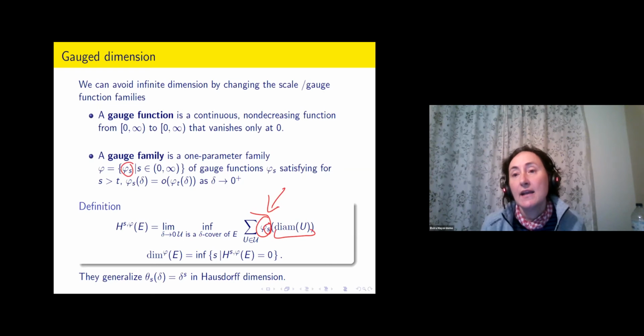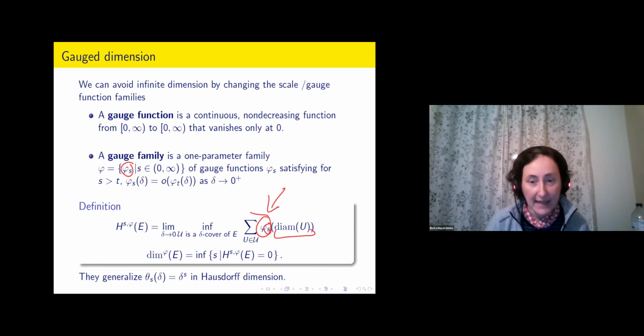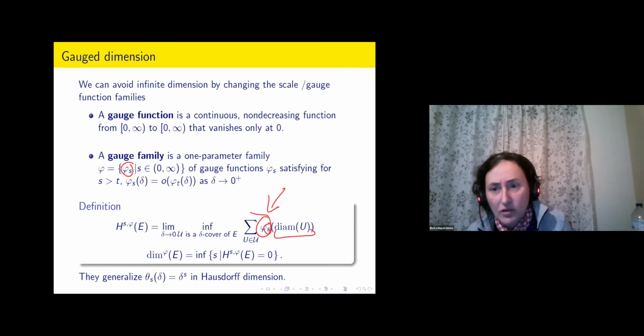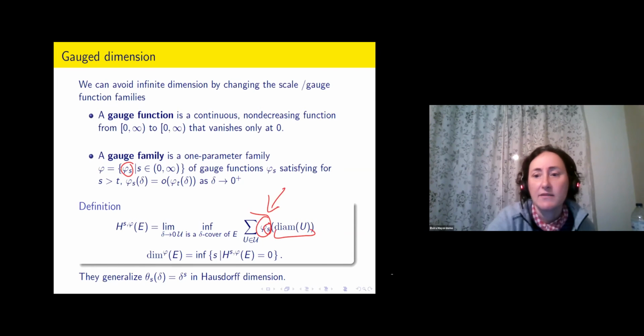And again, the phi dimension, the dimension of E with gauge family phi, is the infimum of all those s for which this s-Hausdorff measure is 0.